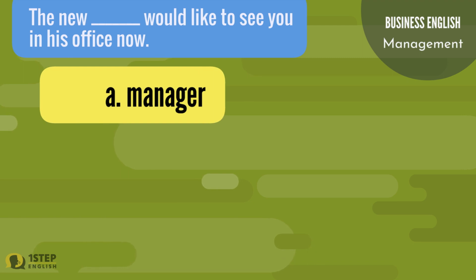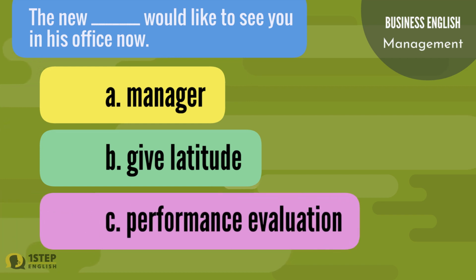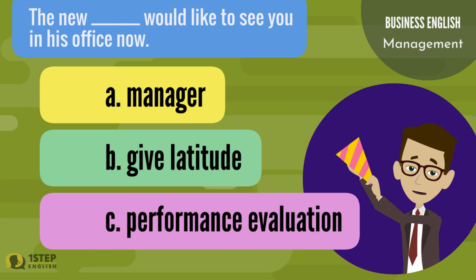Letter A. Manager. Letter B. Give latitude. Letter C. Performance evaluation. The correct answer is letter A. Manager. The new manager would like to see you in his office now.